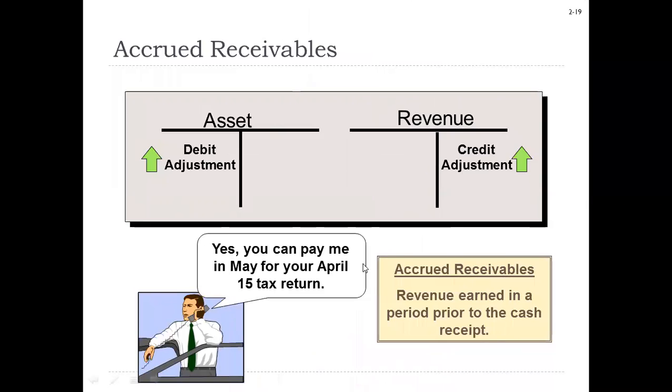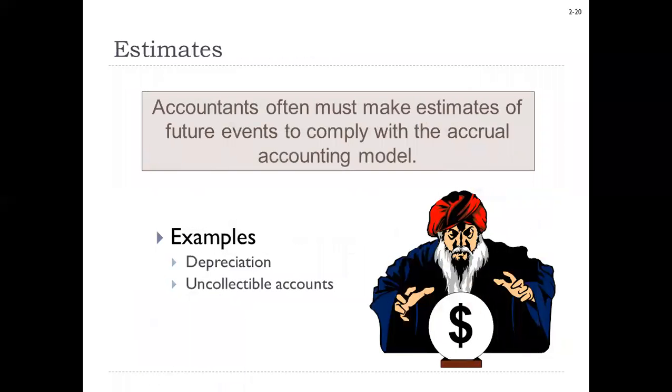Here's an example of a specific kind. It's a receivable in this case, where this tax preparer did a tax return, and they're going to get the cash later on. But again, we'll go through the details of that.